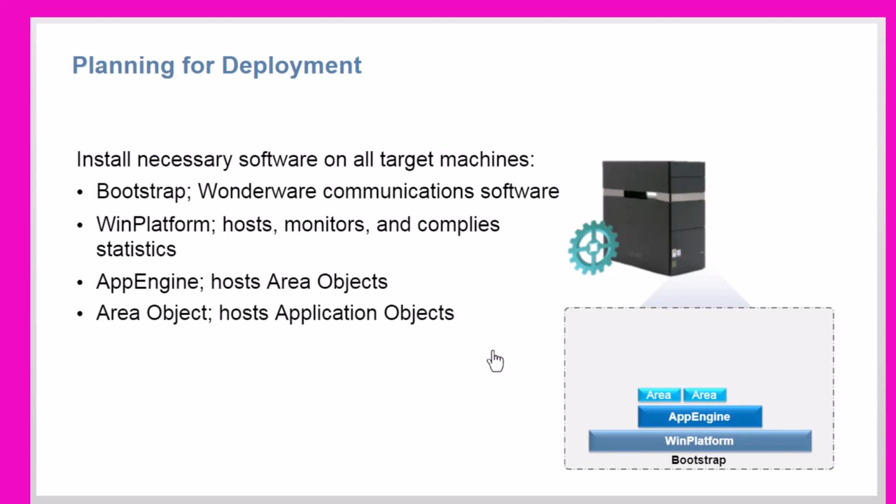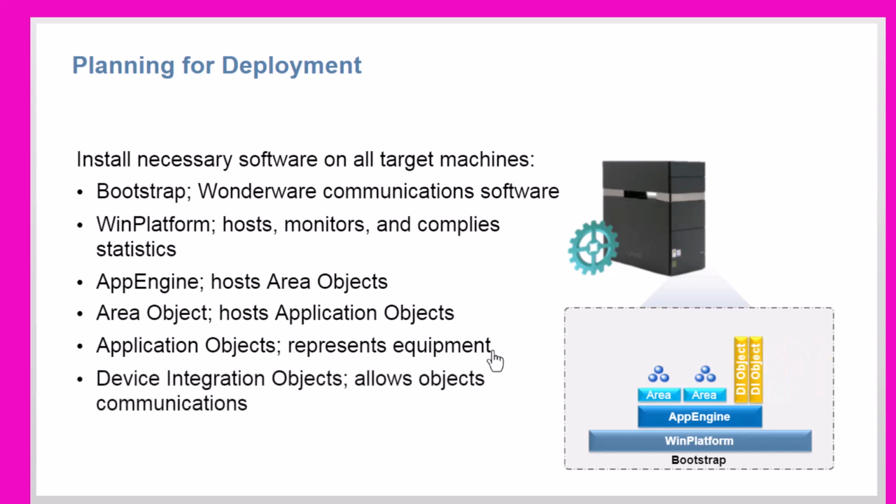Next are the area objects, which host application objects. Application objects represent equipment in the plant like mixers, heaters, valves, tanks, and so on. The App Engine objects host device integration objects, which allow all objects to communicate to the field objects through drivers such as DA servers, OPC servers, and legacy I/O servers.